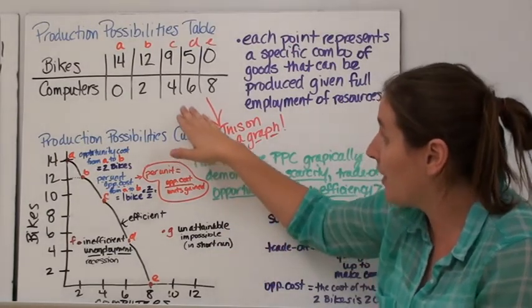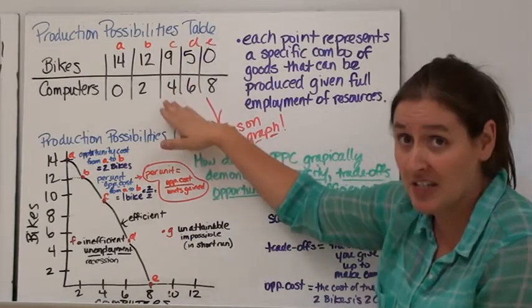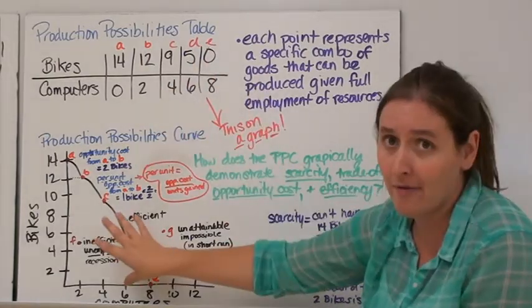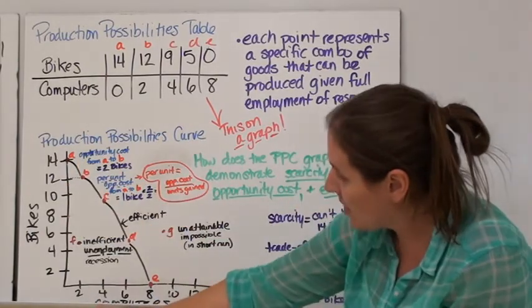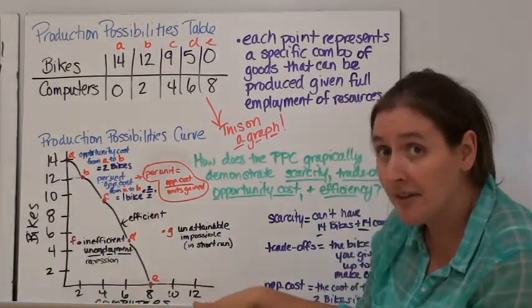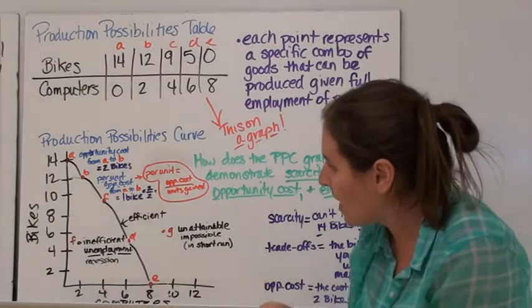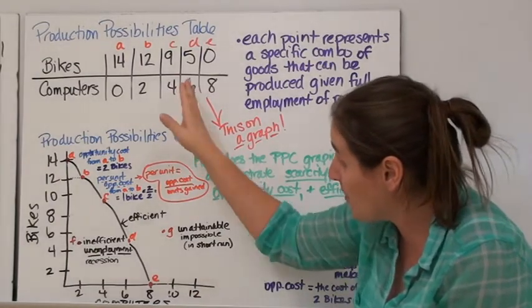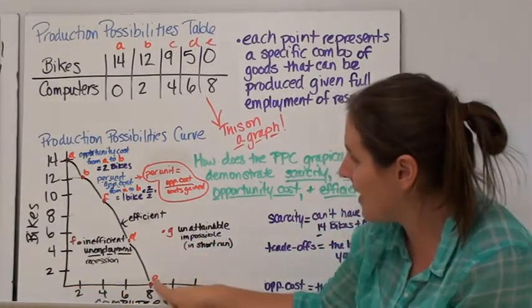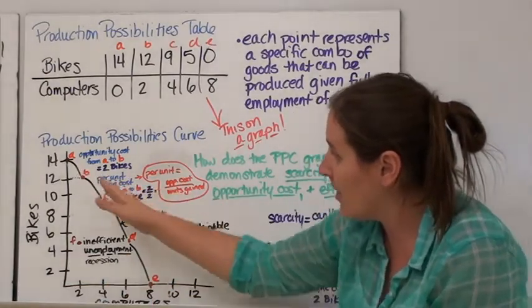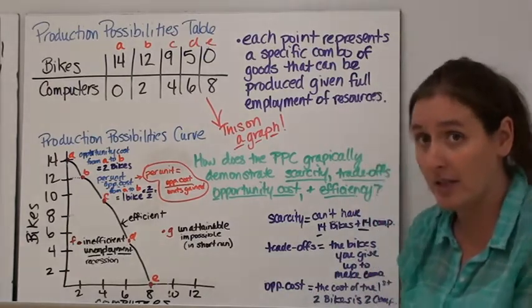Now, what economists do is they take these numbers, these examples, and they put them on a graph. In this case, they put bikes on the y-axis, computers on the x-axis, and then they plot the numbers. Here's 14 and 0, here's 8 and 0, and they've taken all of the numbers in between and put them in the right place.